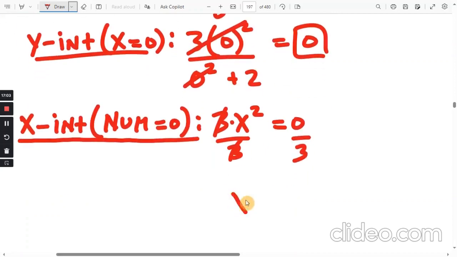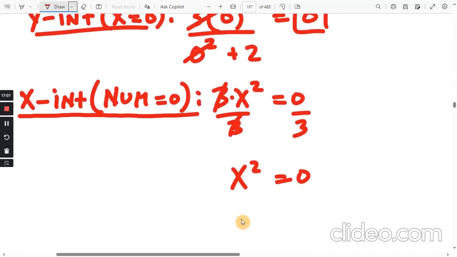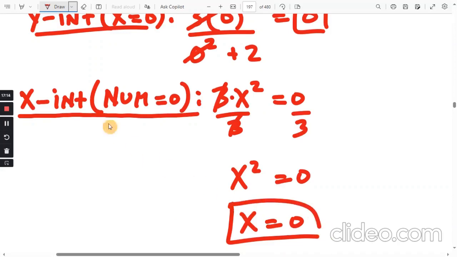So if x squared equals 0, then x is also 0. Again, this is for the intercept, so this is not the line x equals 0. Really, I shouldn't write it like that. The x-intercept is just 0. You go to the x-axis, and that's at the point 0 where it crosses the x-axis.